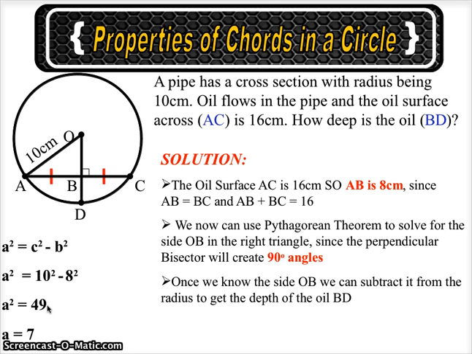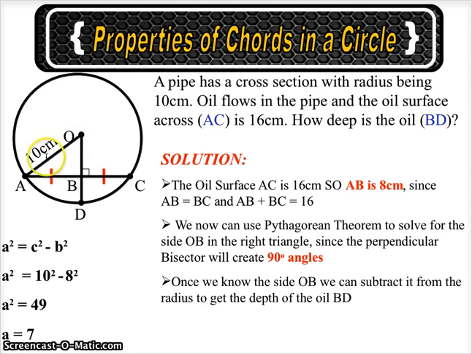To solve for a, we will take the square root of each side. The square root of a squared is a, and the square root of 36 is 6. We now know the distance between O and B is 6.